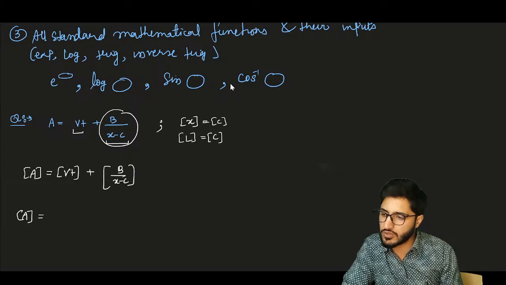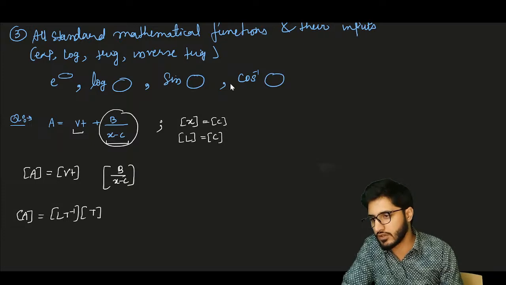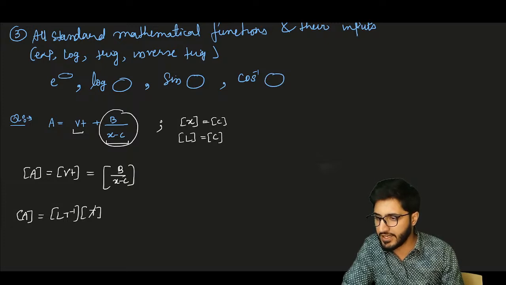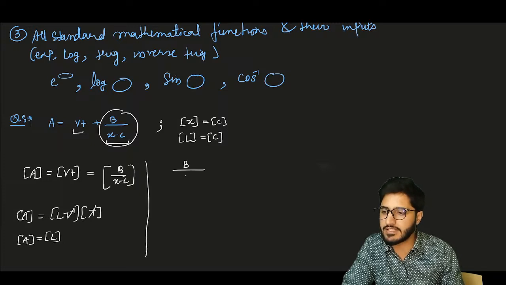V is a velocity, so I can write LT minus 1, and time as T. T gets cancelled out. The dimensional formula of A came out to be L. Now we have B divided by X minus C, that is L only. It is equal to L. The dimensional formula of B came out to be L square.